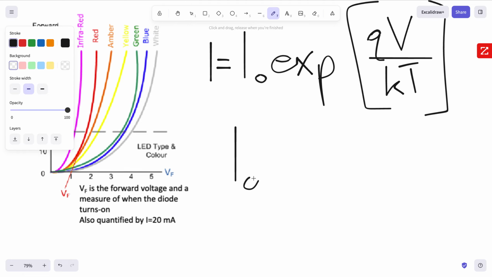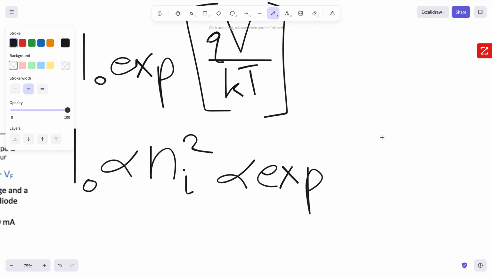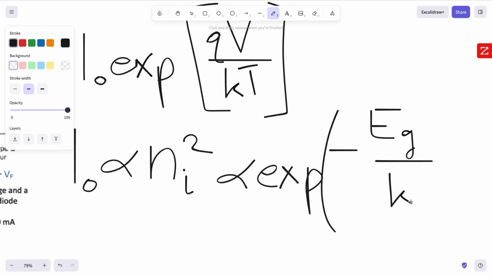And then we know that I naught is proportional to the intrinsic carrier concentration squared, which is proportional to the exponential of minus E sub G over kT.